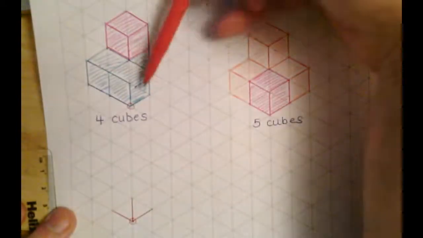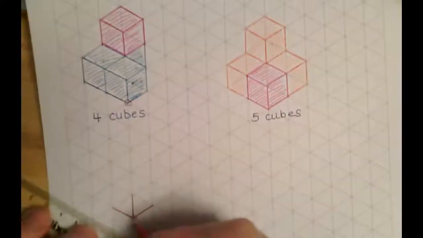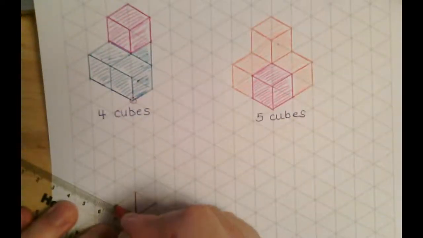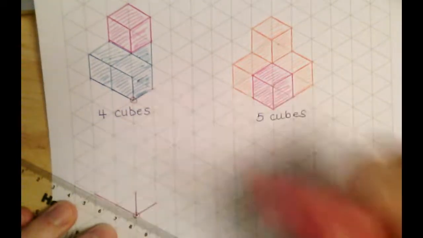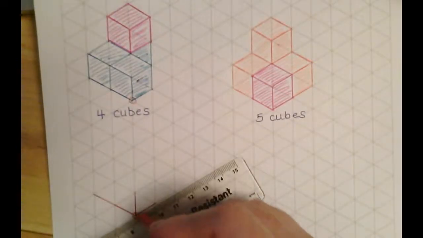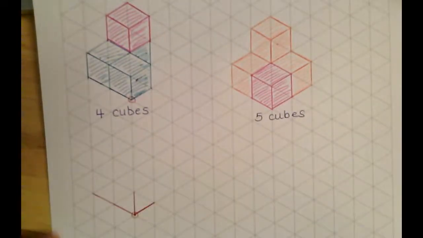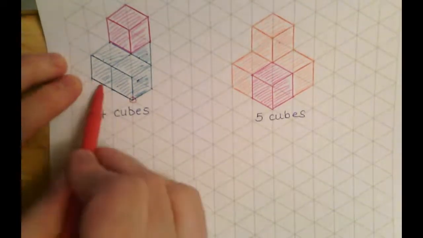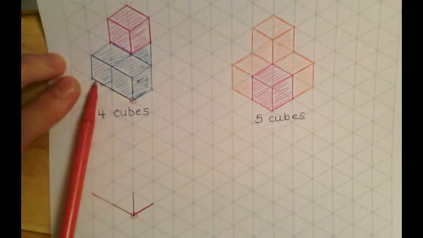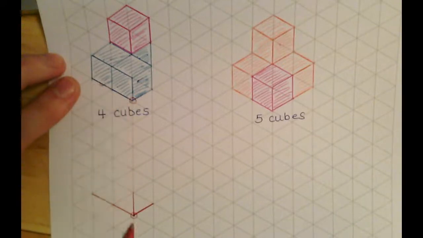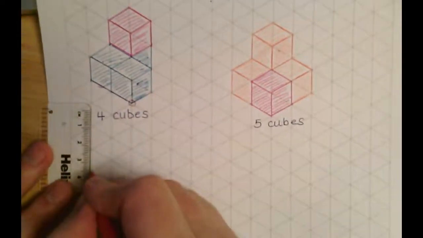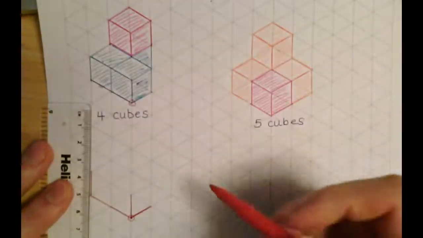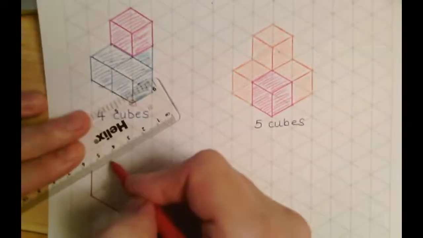So if we notice, I'm now going to go along 2. Well, I've gone along one already, and I'm going to go along another one. From here I'm going to go along another one. Okay, there's my along one. So I've now drawn this bit, that corner, and this part here. Right, well let's finish off these 2. That line there, that line there. This line is going to go there.